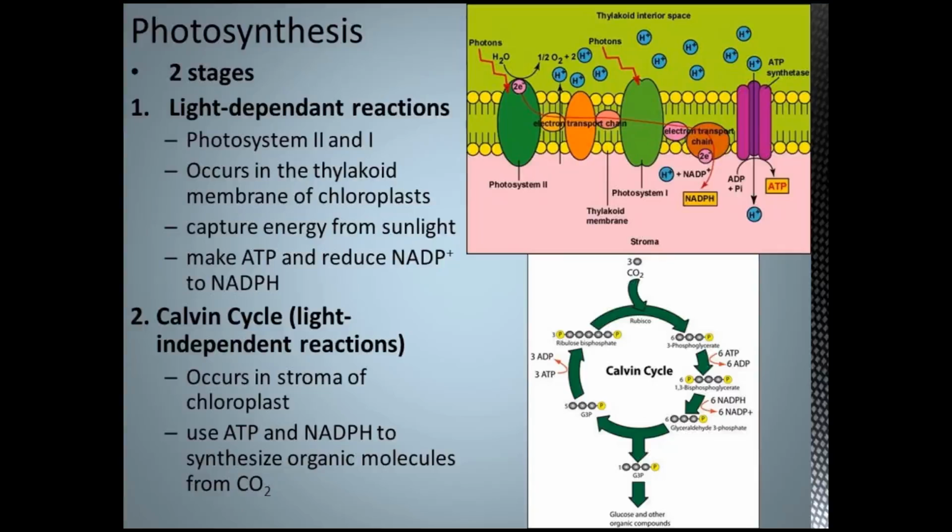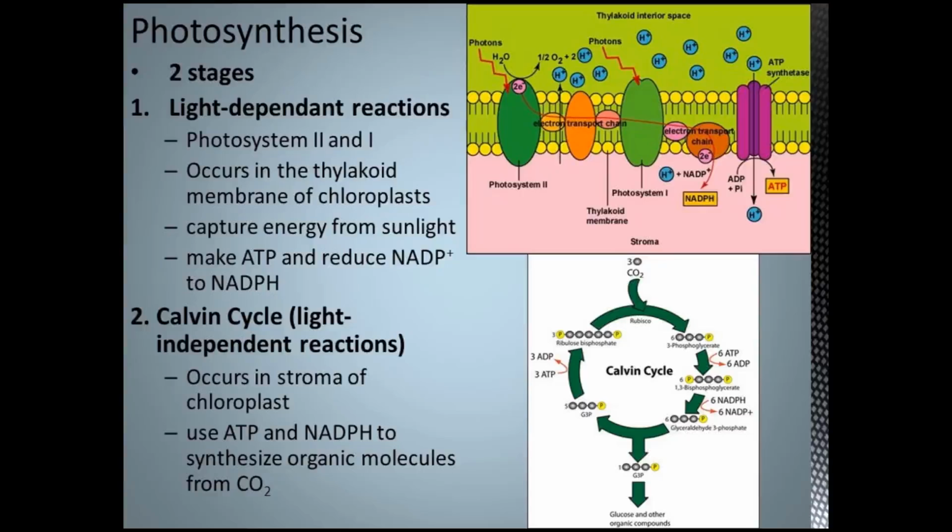Next, the light independent reaction, otherwise the Calvin cycle. Here there is no light. This light independent reaction occurs in the stroma of the chloroplast, not in the thylakoid membrane.